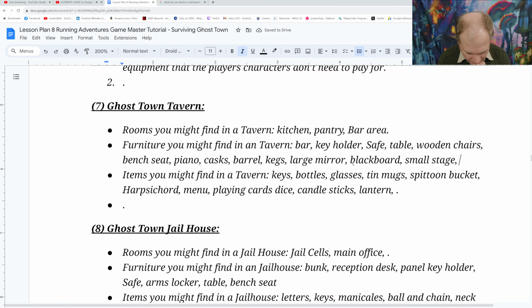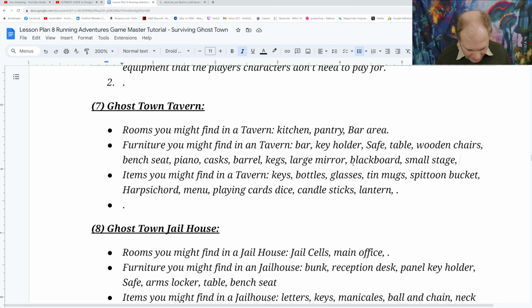A still to refine moonshine. I'm not putting that down. I don't think in the tavern you're going to be actually making alcohol. I think that's going to be happening somewhere else. Some had small wagon wheels with lanterns. Some had elaborate crystal chandeliers. Oh, that's right. Now I know.